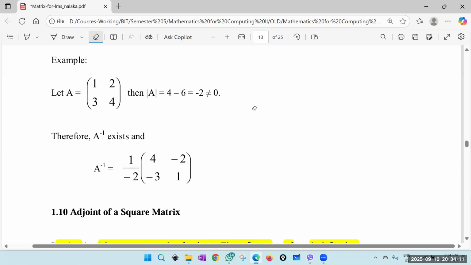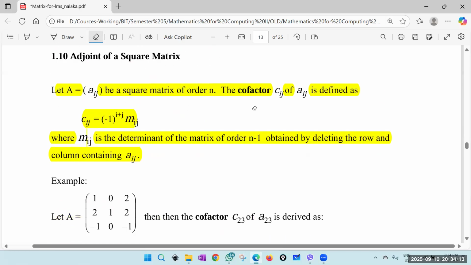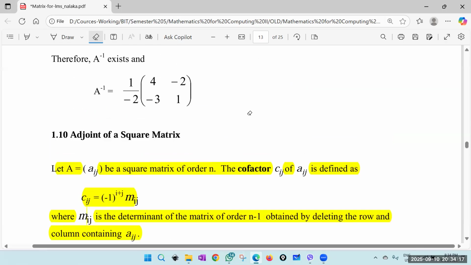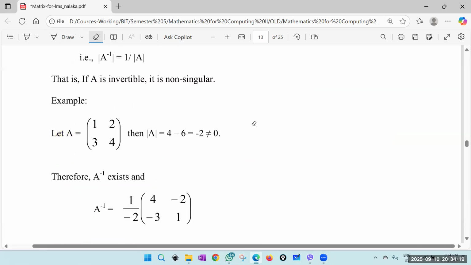So how do you check whether a matrix has an inverse or not? Of course, the concept of inverse is only related to square matrices.